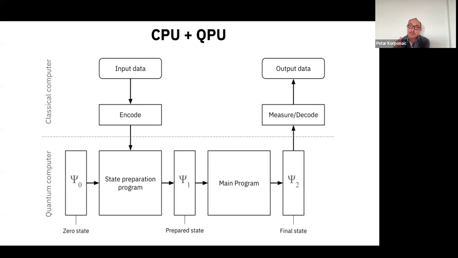Now, in order to put information into quantum memory, or rather into quantum state, to put your input data into quantum state, you need to encode data in the form of a program which will transform your initial zero state of a quantum computer into a prepared state in which our data will be encoded.